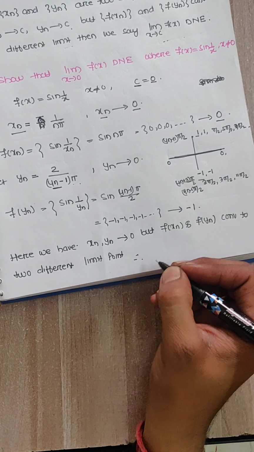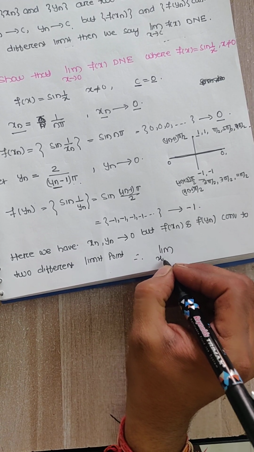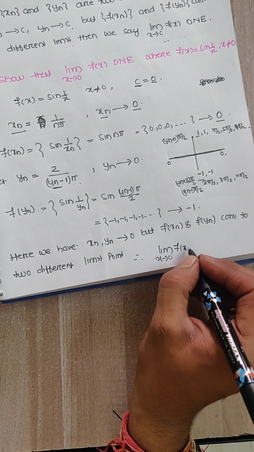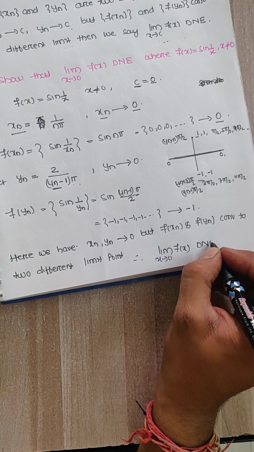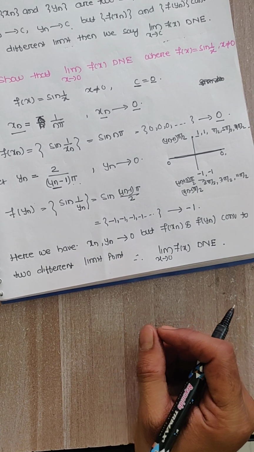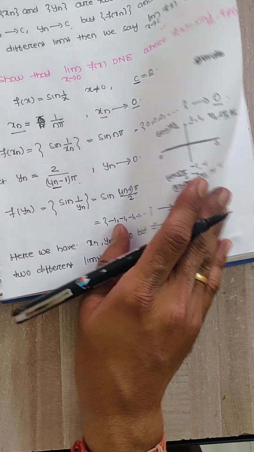So you can say that the limit as x tends to 0 of f(x) does not exist. Okay, so we have another example.